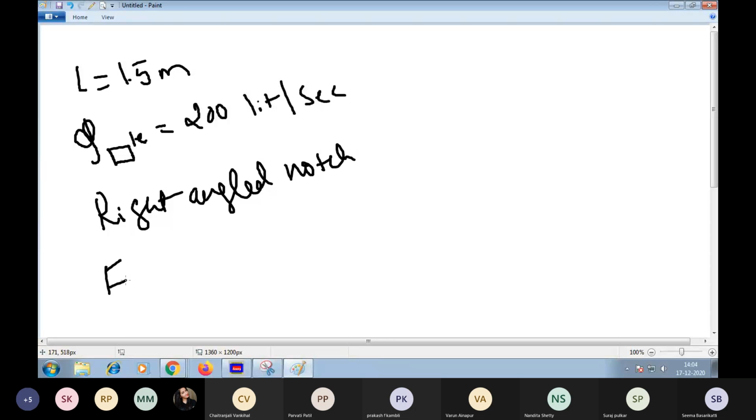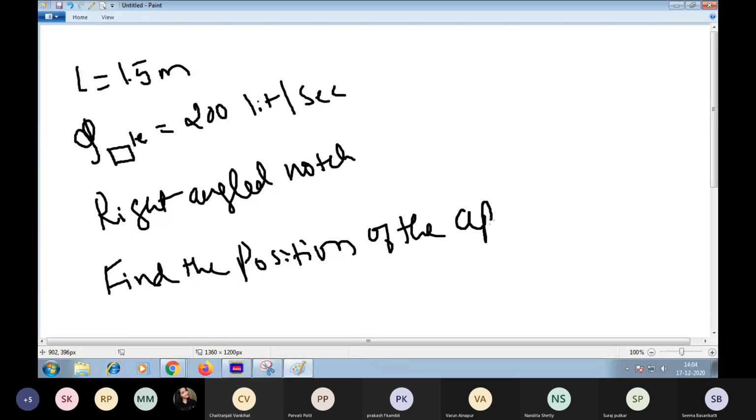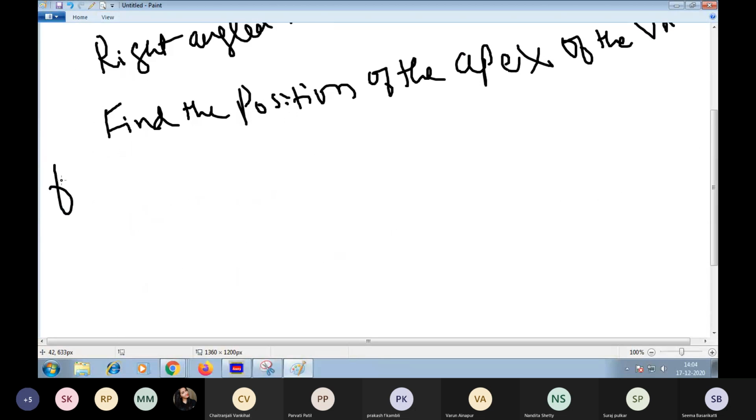Find the position of the apex of the V notch, the triangular notch, from the bed of the channel.